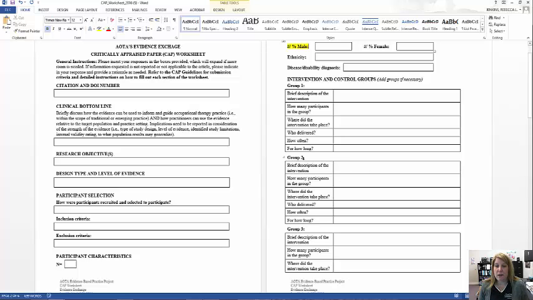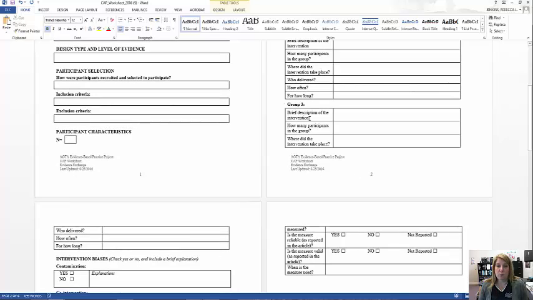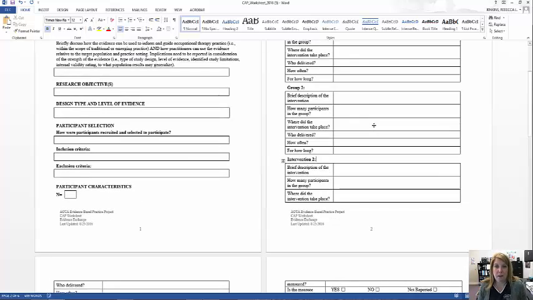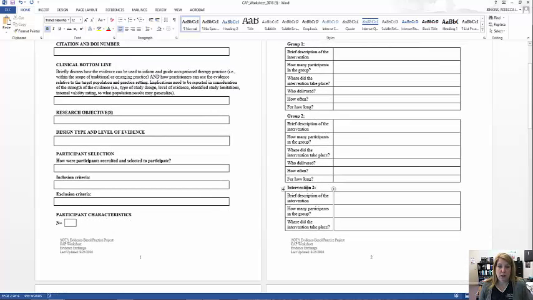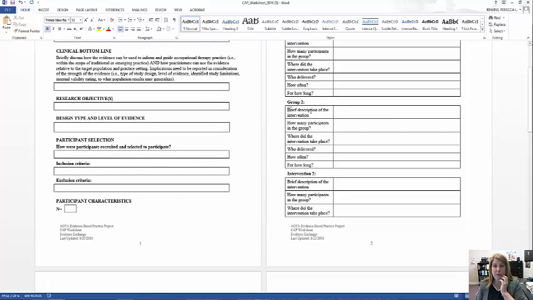So we might say group 2, and then describe one of the interventions. You might need to go down here where it talks about group 3, and you may need to change this to intervention 2. So group 2, intervention 2, because this is the first intervention up here. And then we go to our second intervention down here.